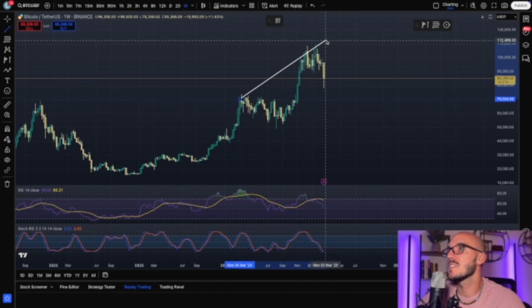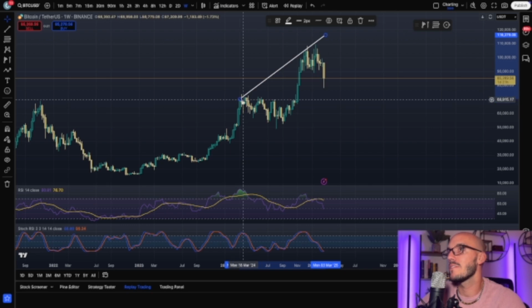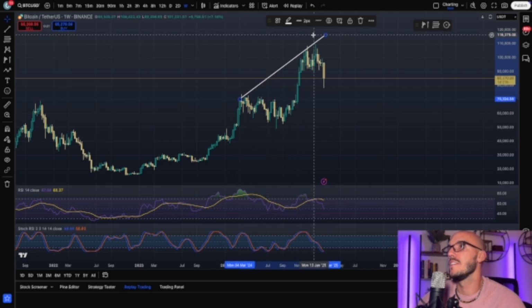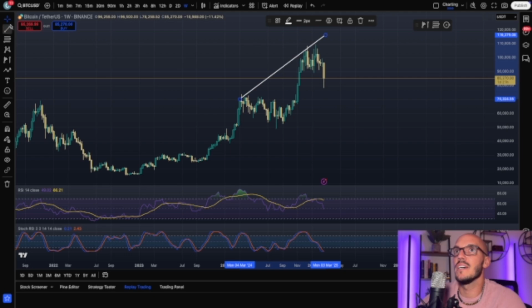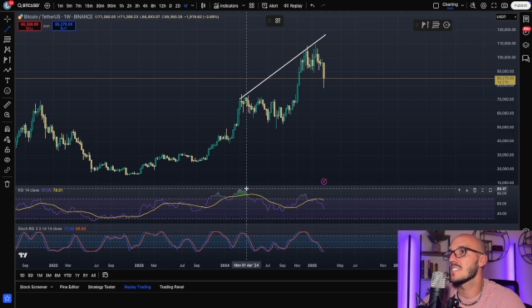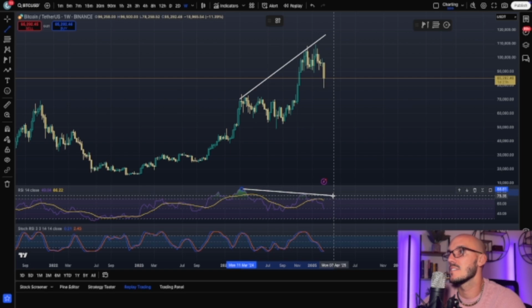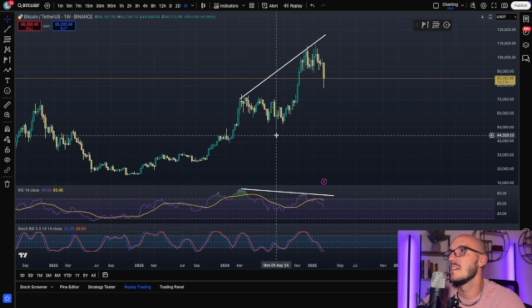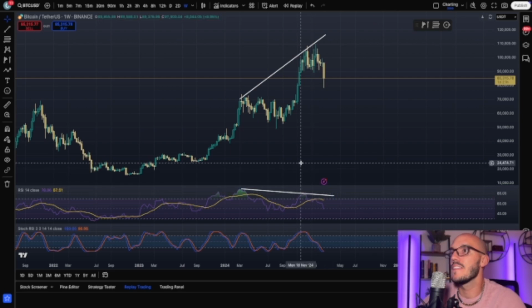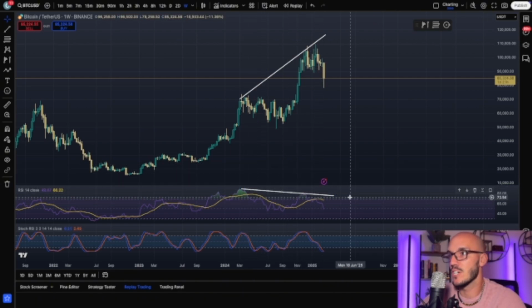It's setting higher highs, right? So you have a trend line forming higher highs on the price. But what is the RSI doing? The RSI is forming lower highs. You see that? Higher high on price, lower high on RSI. This is a divergence, okay?